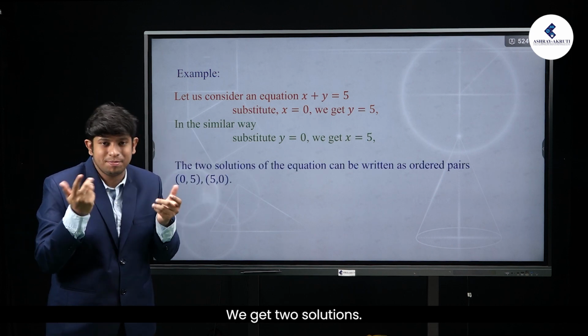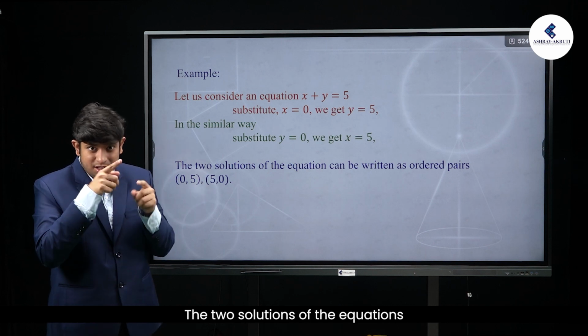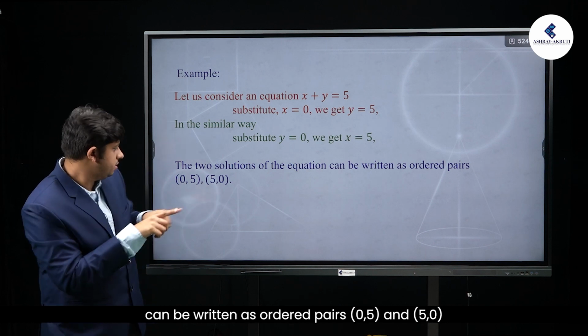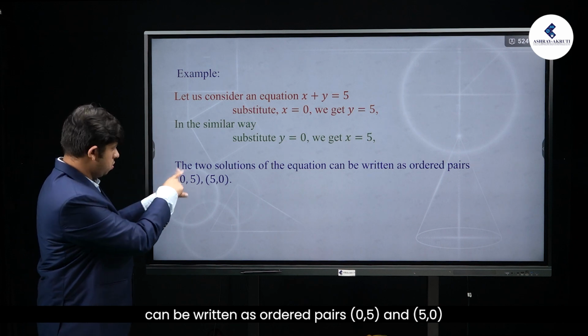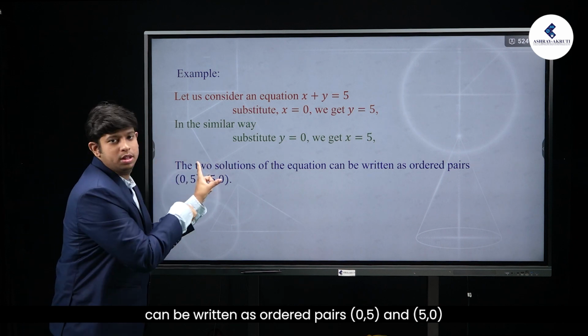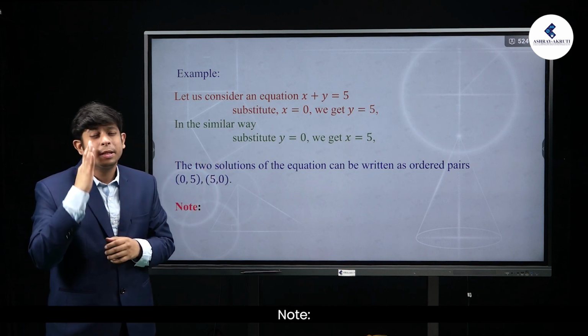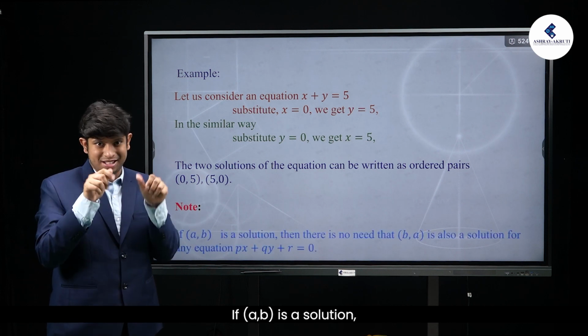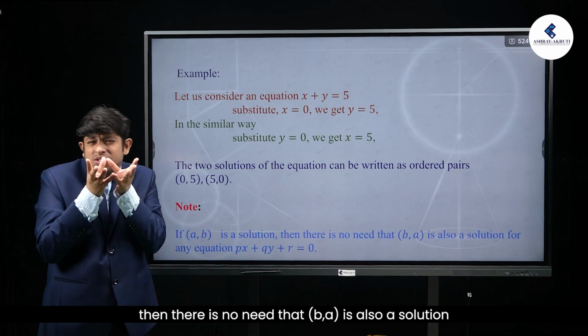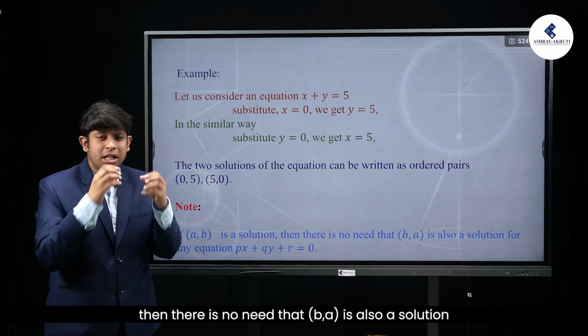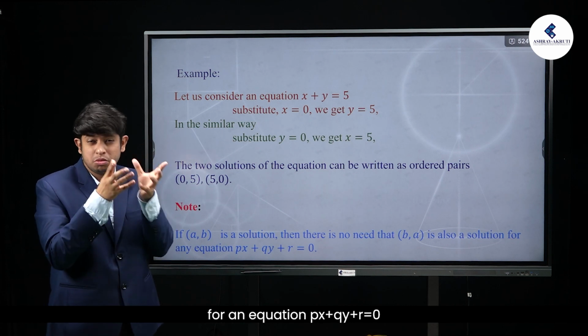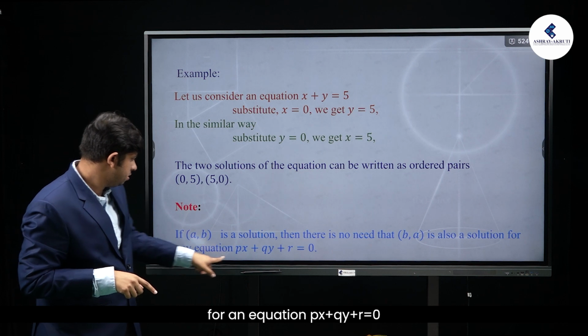We get two solutions. The two solutions of the equation can be written as ordered pairs (0, 5) and (5, 0). Note: if (a, b) is a solution, then there is no need that (b, a) is a solution for an equation px plus qy plus r equal to 0.